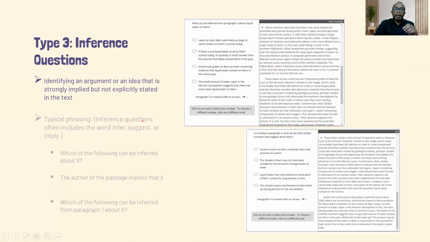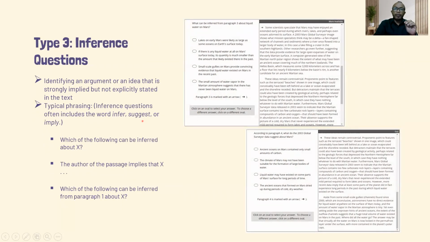So that's why they use the words infer, suggest, or imply. These three words are usually what they use to indicate this type of question. All right, as you can see in the examples here. So what can be inferred, and what do these things suggest about something from the passage?